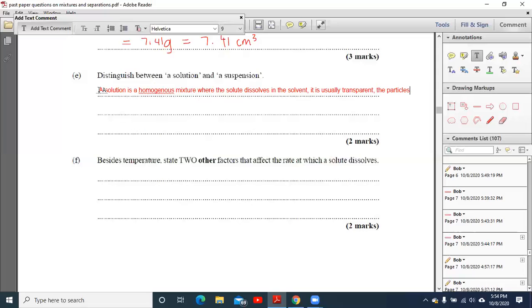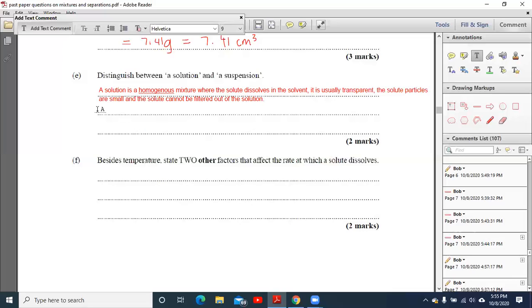The solute particles are small. And the solute cannot be filtered out of the solution.